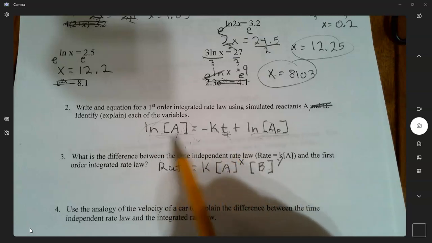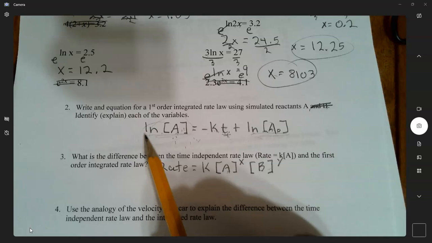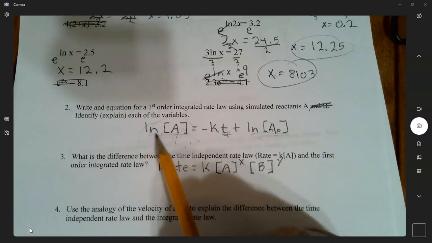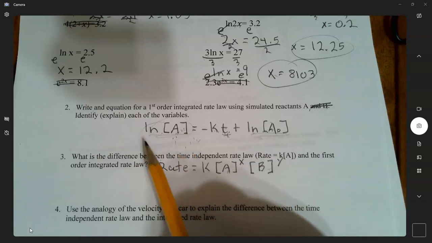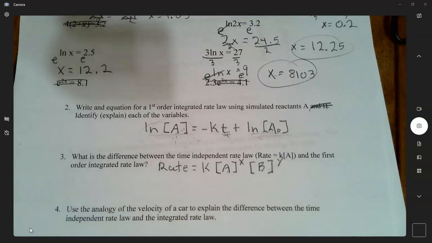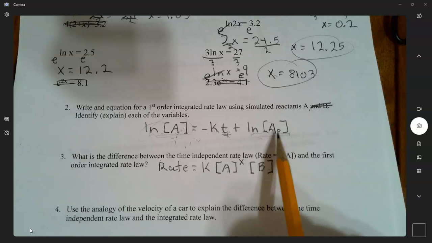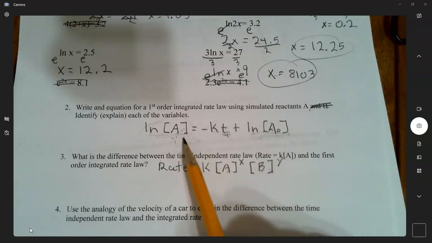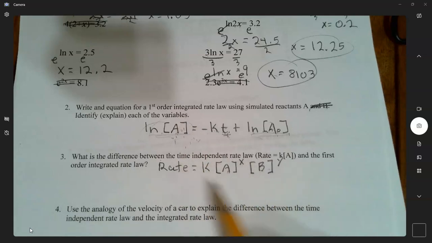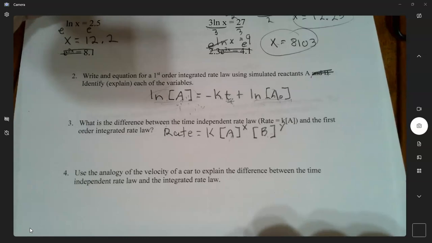And then you need to, obviously, as we said, raise e to this power. You don't want to know the natural log of A, you want to know A. We said that before. So this is the concentrations between two different points in time. All right, so that's what this one is, and this one has nothing to do with time. It's simply based on concentration. Okay, 4.